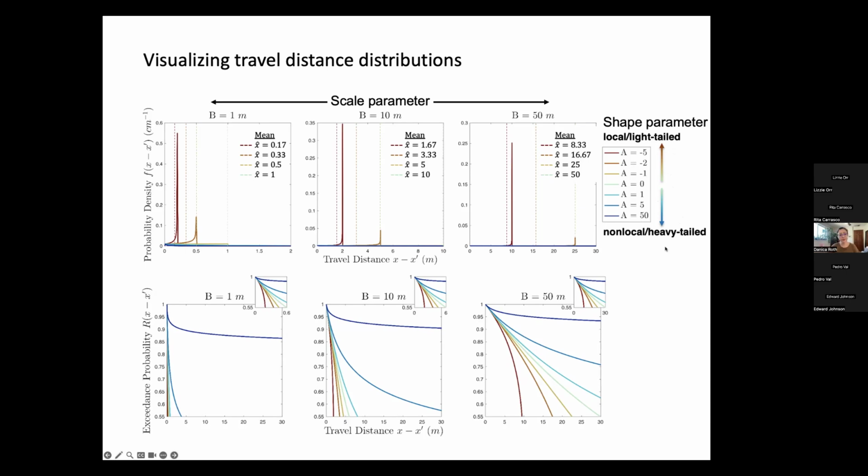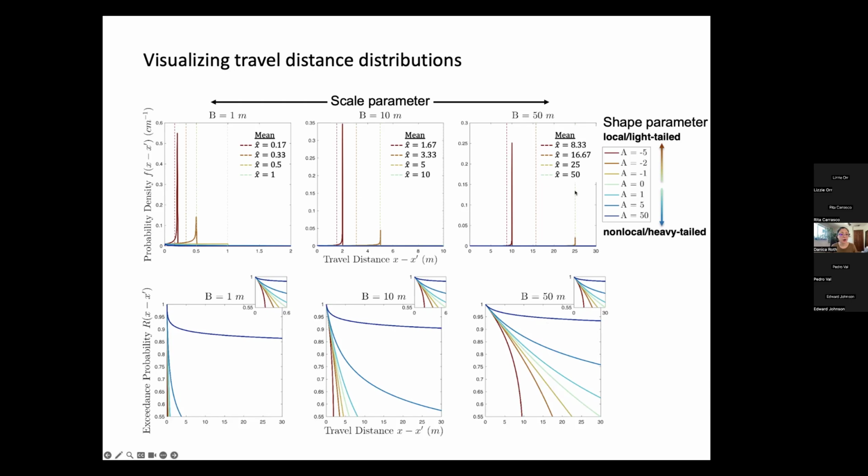Let's see, the scale parameter B, which I said I would mention later, I'm showing 3 different values here, 1 to 50 meters. And obviously, if we have a larger B value, these particle travel distributions travel much longer distances.